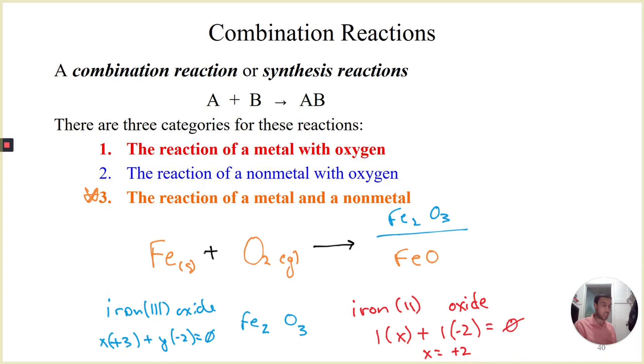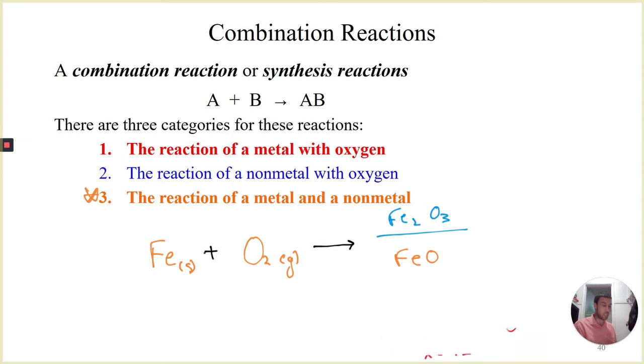Given an equation or given names of an equation, you should be able to write out the combination reaction with the appropriate products, and then you should be able to balance. So in this case, for a quick refresher, iron 1 and 1, oxygen 2 and 1, that's not balanced, so I could put a 2 in front there. I changed a coefficient, so now I need to go back through and check again.